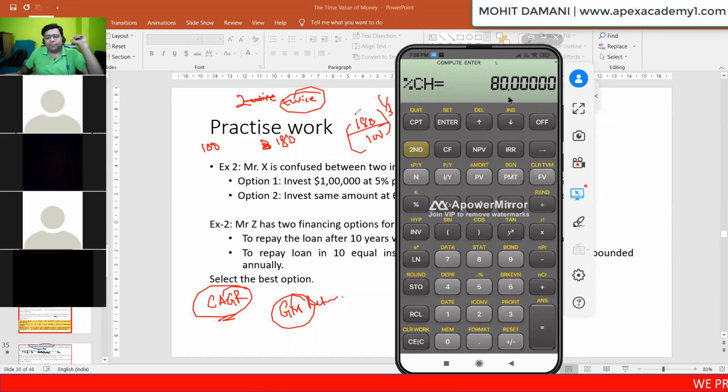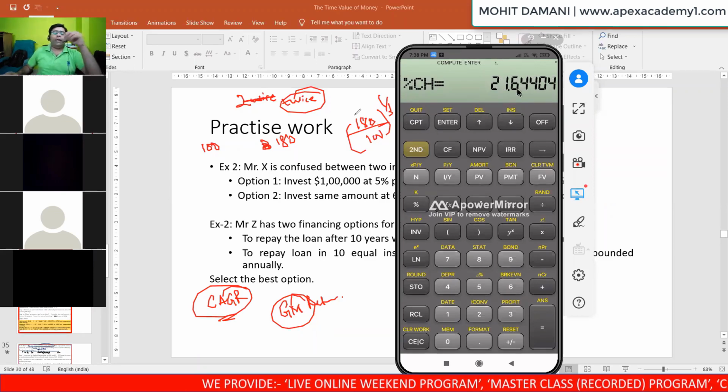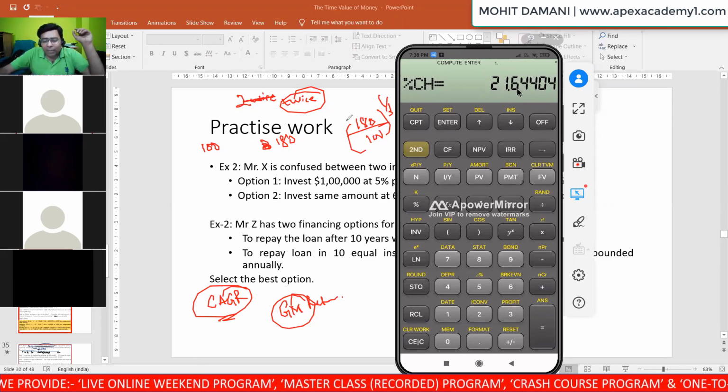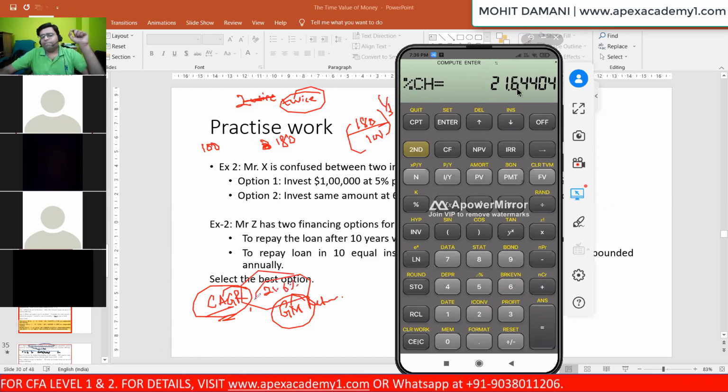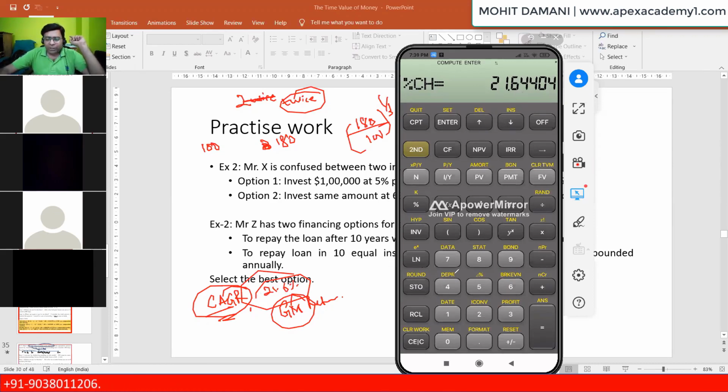But if you put in 3 years and then ask the calculator what is the percentage change, it will say 21.6%. That means the compounded average growth rate, the CAGR of the portfolio, is roughly 21.6%. This is your CAGR, geometric mean, compounded average growth rate. So this function helps you calculate that directly.